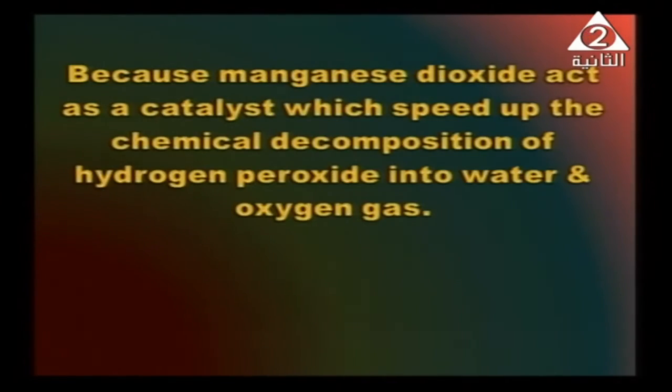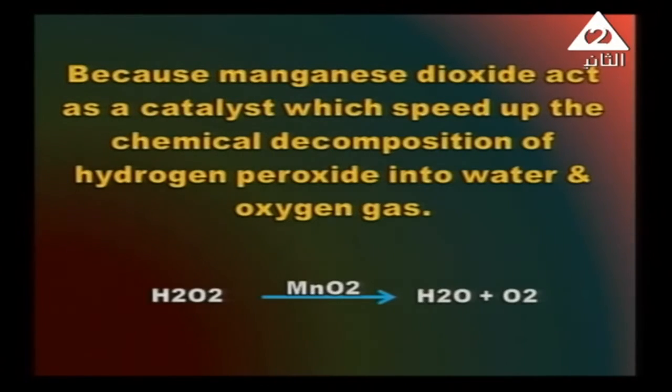The first answer is because manganese dioxide acts as a chemical catalyst which speeds up the chemical decomposition of hydrogen peroxide without being used or changed in mass, and produces water and oxygen gas. This is the equation: hydrogen peroxide decomposes in the presence of manganese dioxide to produce water and oxygen gas.